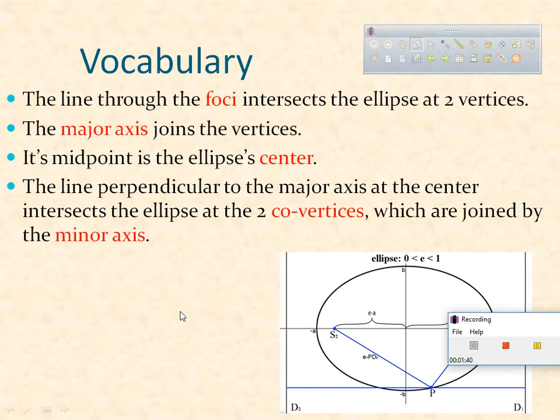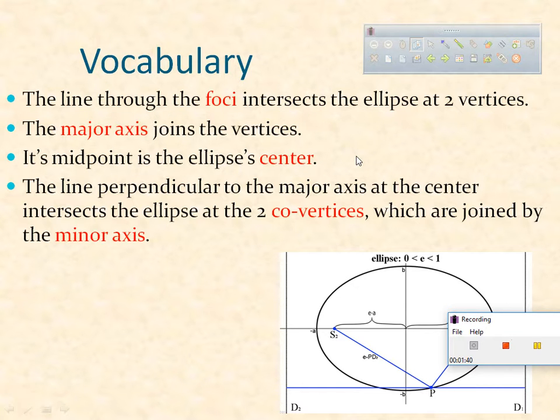The major thing you need to remember is that whatever the major axis is, that's where your vertices and your foci are. Your major axis could be horizontal, or it could be vertical. But whatever your major axis is, the foci and the vertices are on that major axis. The co-vertices are on the minor axis.